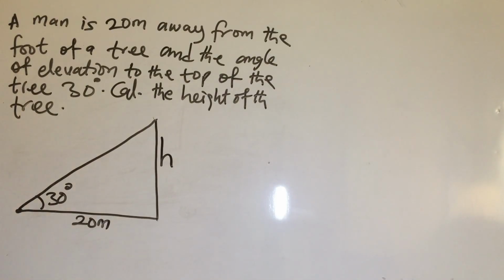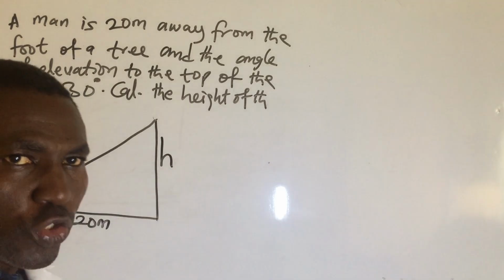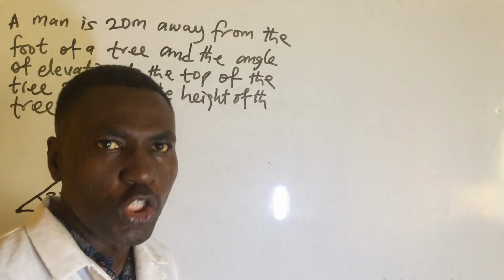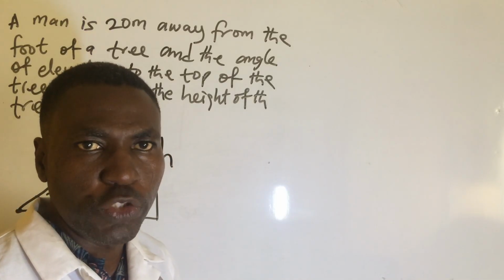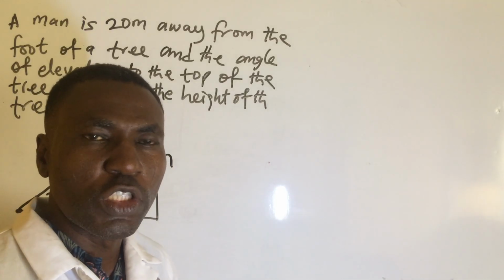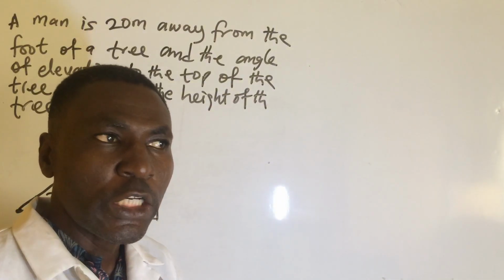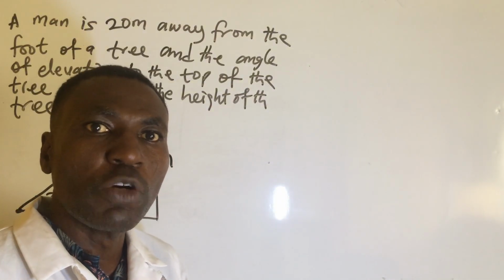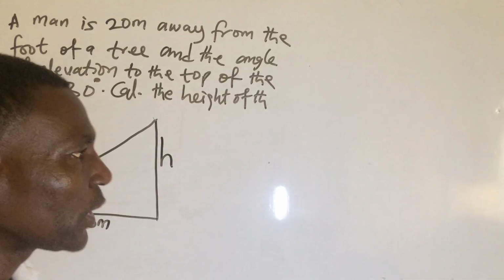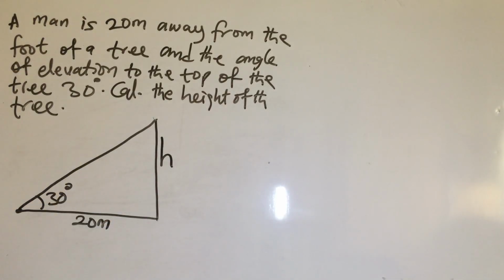Now, in order to calculate the height of the tree, what do we use? We make use of the trigonometric ratios which I have taught on this channel, so make sure you watch those videos to understand the background of these trigonometric ratios. Under SOHCAHTOA, what do we use?